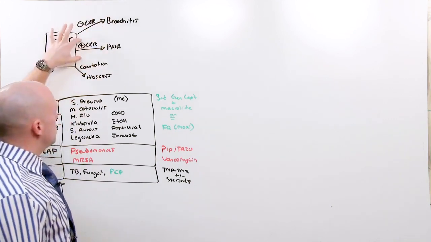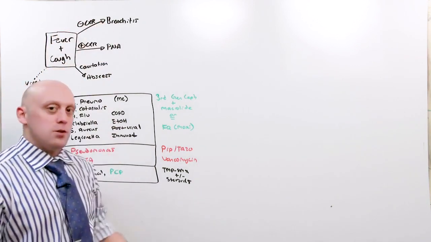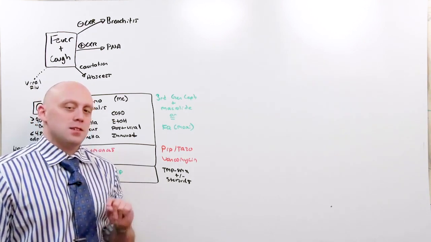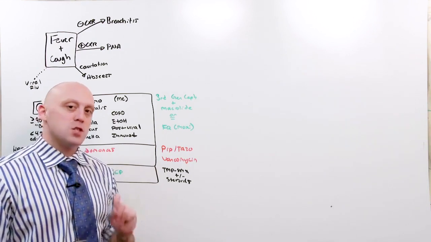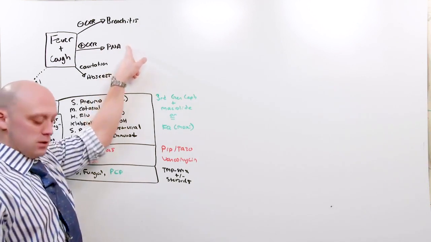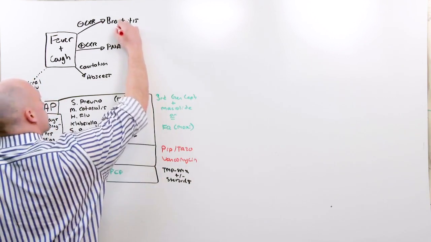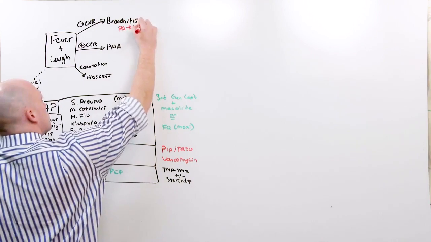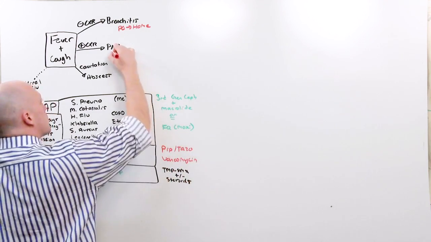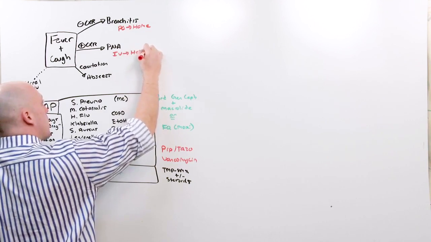Whereas the person who has the consolidation on their chest x-ray, who has pneumonia, who's very ill, who needs to come into the hospital, is a bit sicker. So rather than see it as typical versus atypical, see it as a spectrum from a not that bad infection in the lung to a really bad infection in the lung. And the idea being that bronchitis is generally treated with oral antibiotics and they go home, still picking the usual suspects, whereas pneumonia gets IV antibiotics and they come into the hospital.